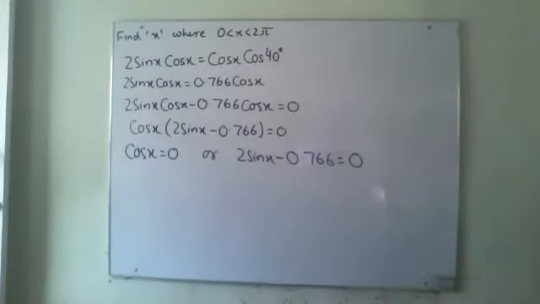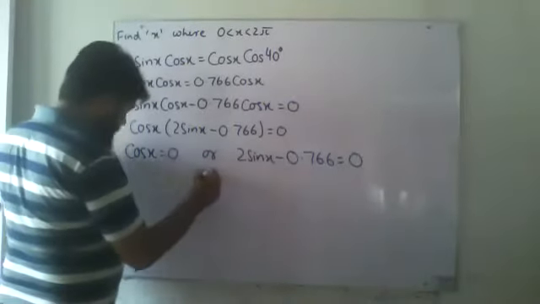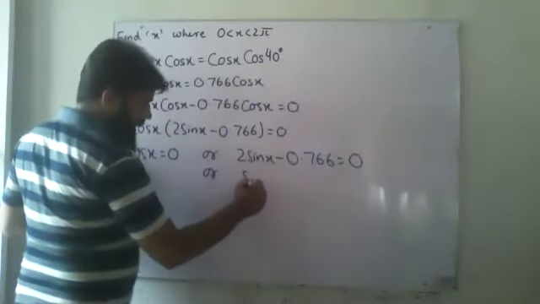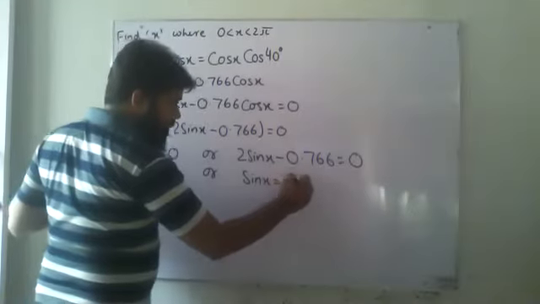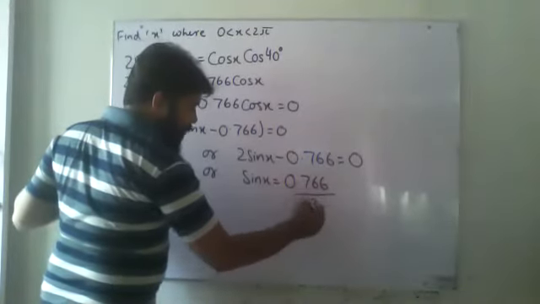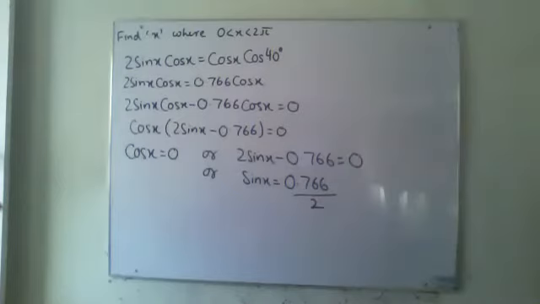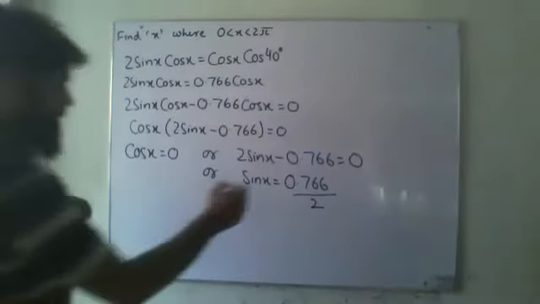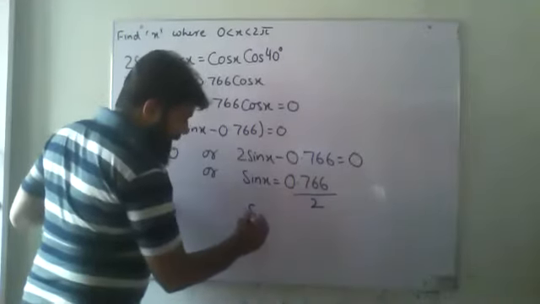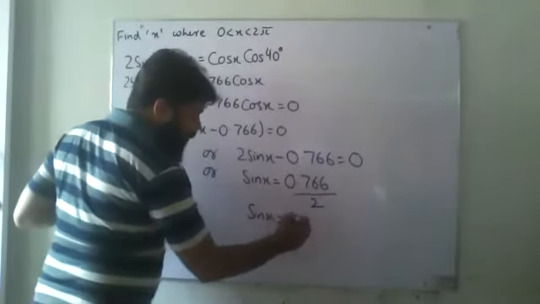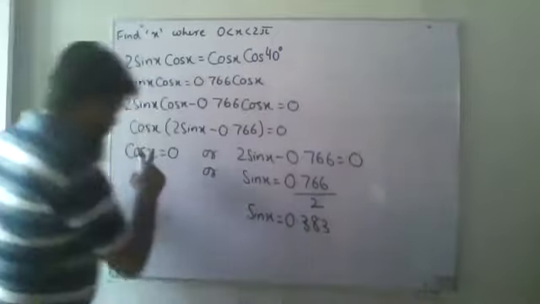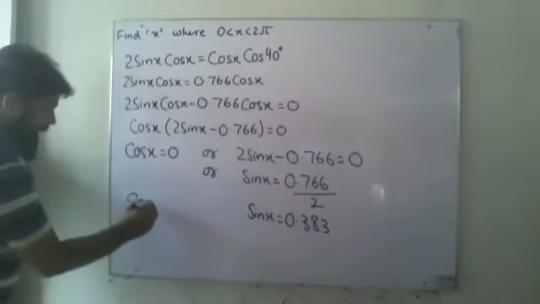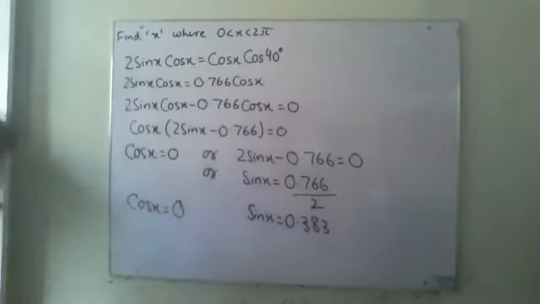Now, simplifying this one first: sine x equals 0.766 over 2. When I divide it by 2, the answer is sine x equals 0.383, and this is cos x equals 0.